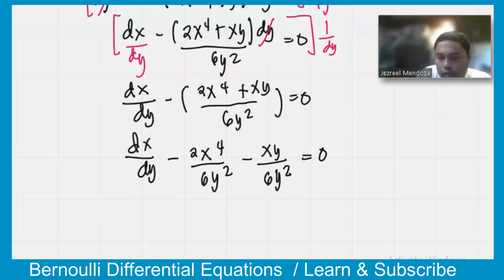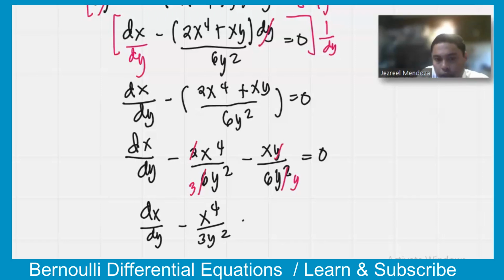Then cancel out: it becomes 3 in the denominator, and y cancels. So we have dx over dy minus x raised to the 4th over 3y squared minus x over 6y equals 0.